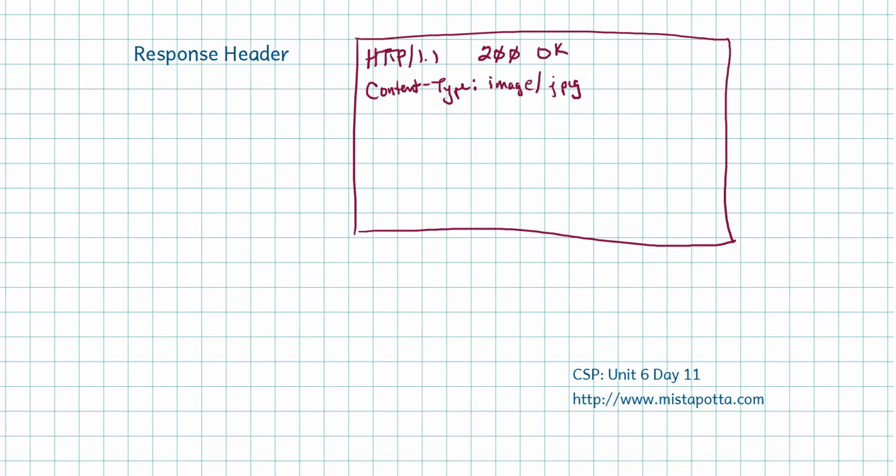Basically, it's telling us what the type is and what the file extension is that we're dealing with. And then after that, I'm going to see a series of zeros and ones. And this is our actual data that we receive. So I'm going to get this from the response header from my request.